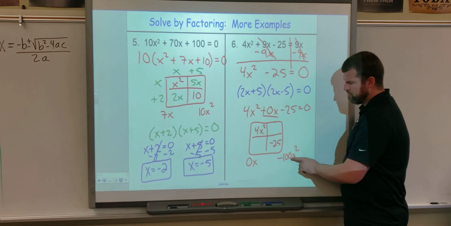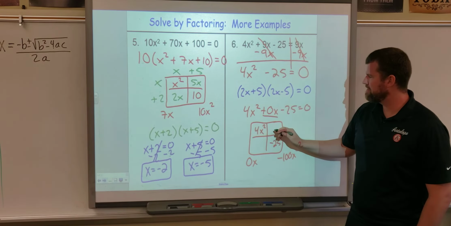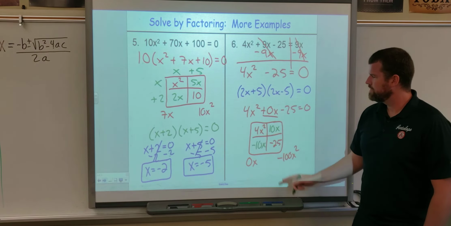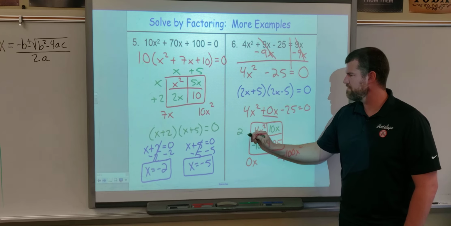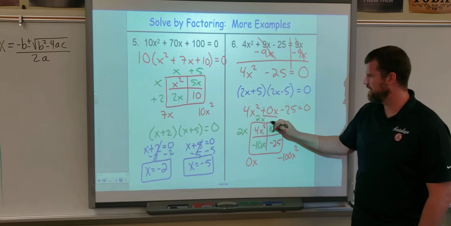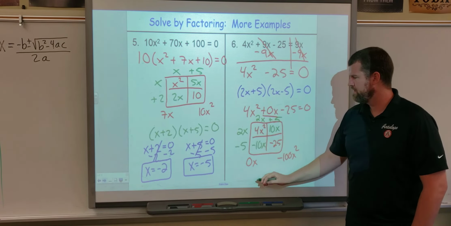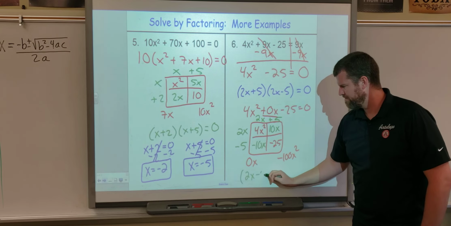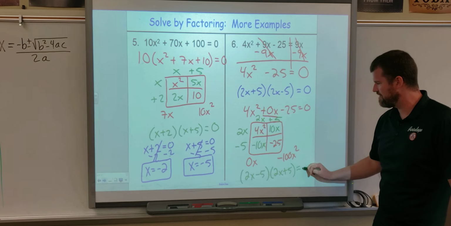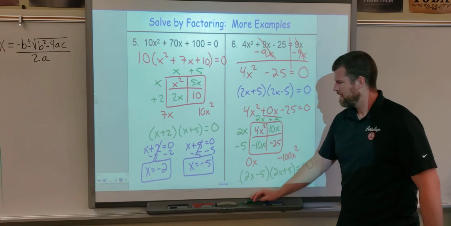So if they multiply to negative 100 and add to 0, that's going to be positive 10x and negative 10x. Take out my common factor of 2x. Multiply to 4x, I need another 2x. Multiply to 10, I need positive 5. Multiply to negative 10, I need a negative 5. So I end up with 2x minus 5 times 2x plus 5 equals 0. Hey, same thing I got using a difference of two squares.